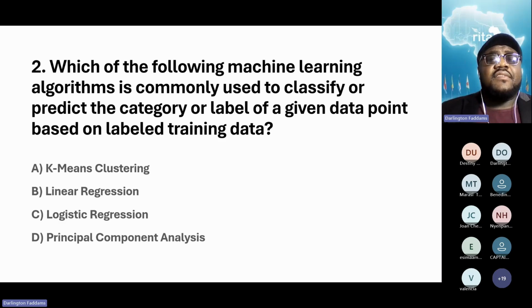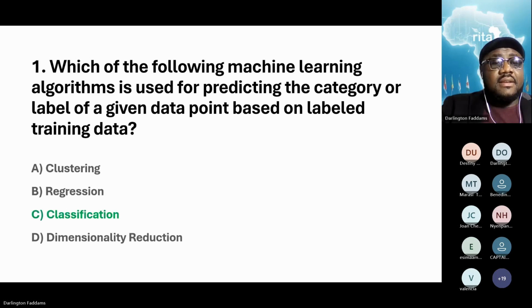Number two, which of the following machine learning algorithms is commonly used to classify or predict the category or label of a given data? Let's look at the question again. The question is correct, it's labeled data.